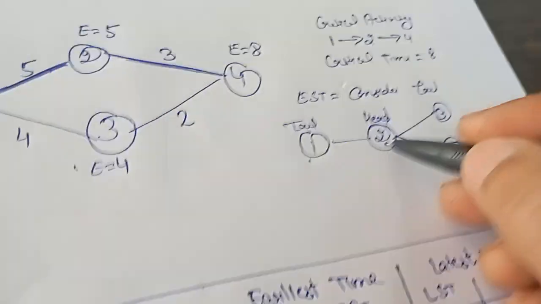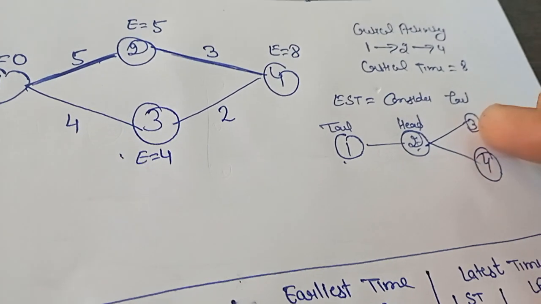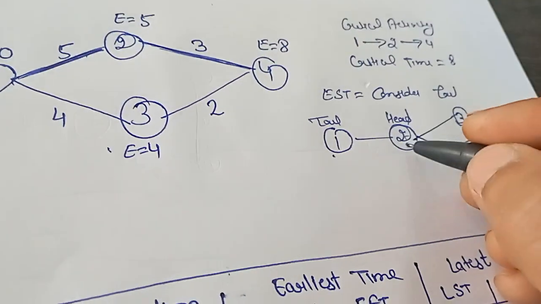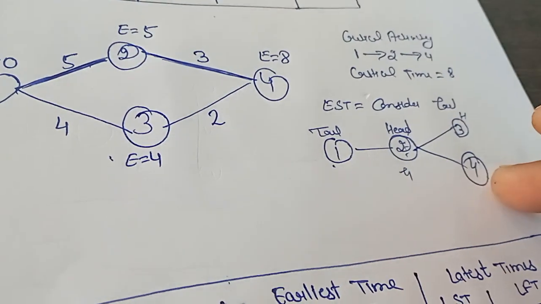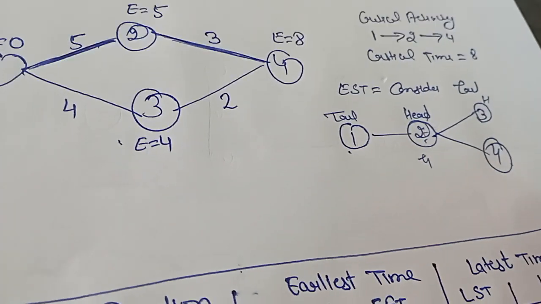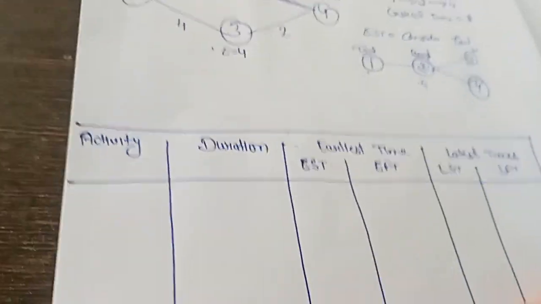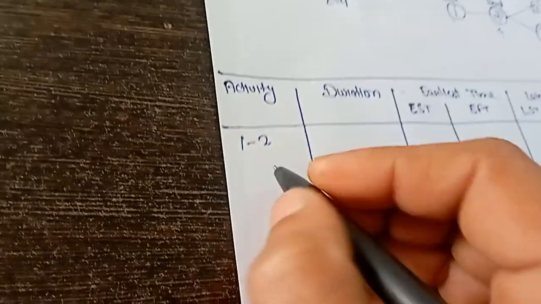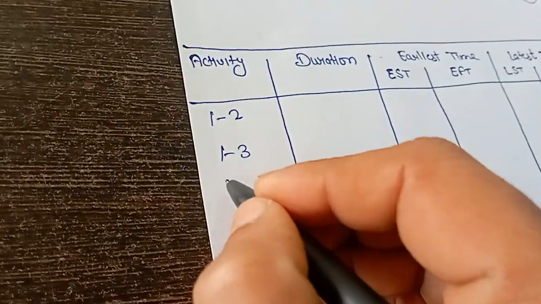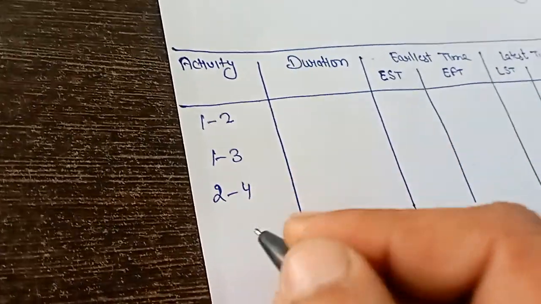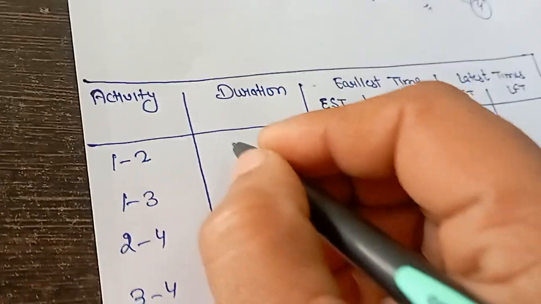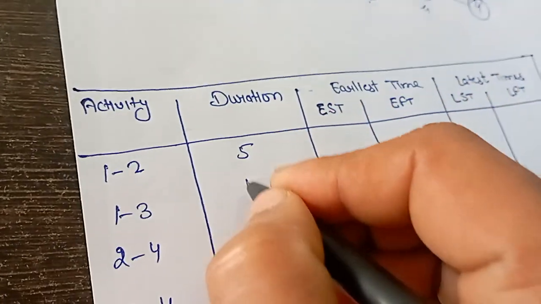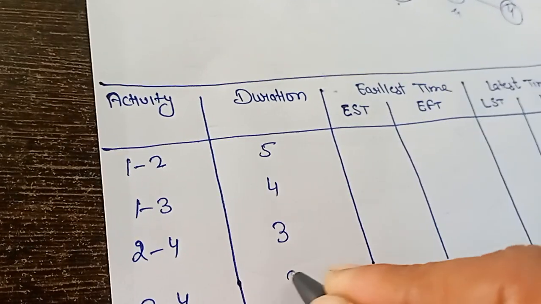Next is 2 से 3 and 2 से 4, for point of 3, 2 is tail and 3 is head, and from point of 4, 2 is tail and 4 is head. Now we put in the table activity 1 से 2, 1 से 3, 2 से 4 and 3 to 4, and we write duration also 5, 4, 3, 2.